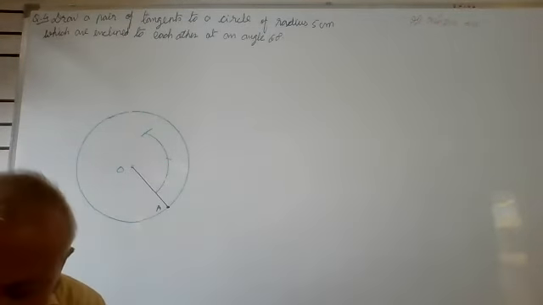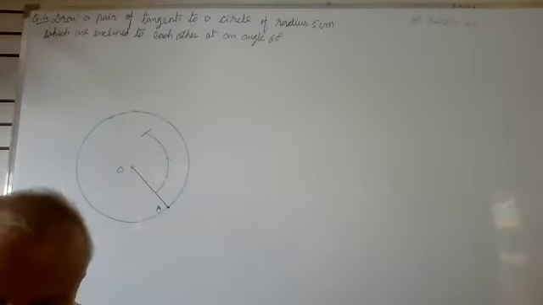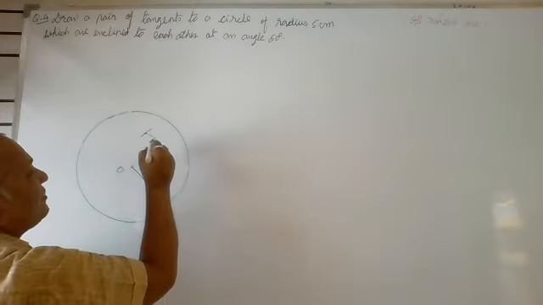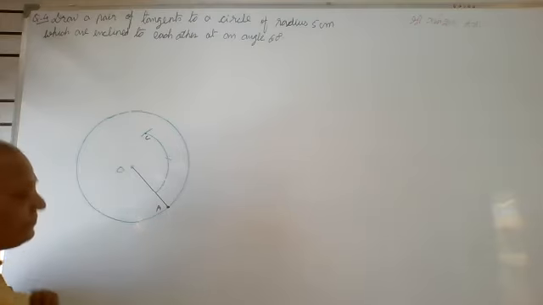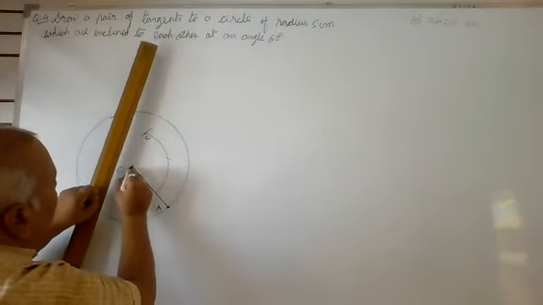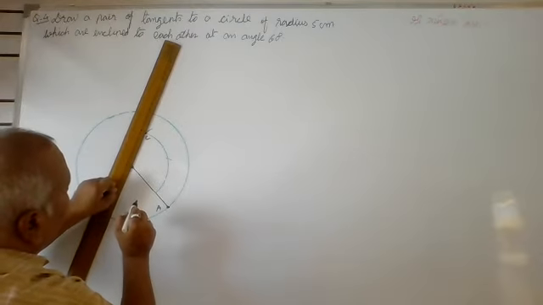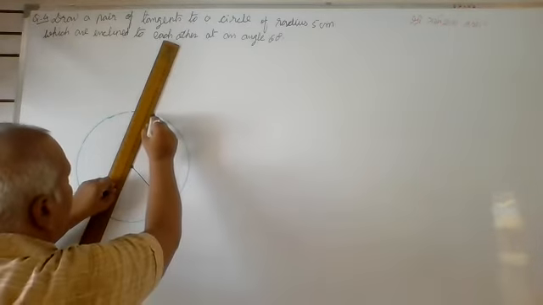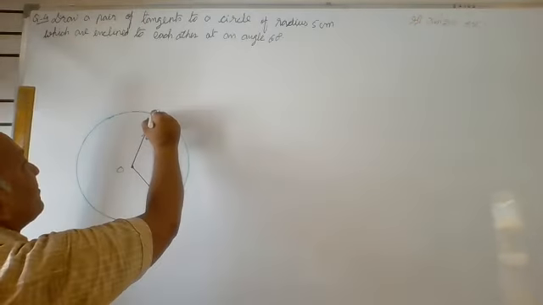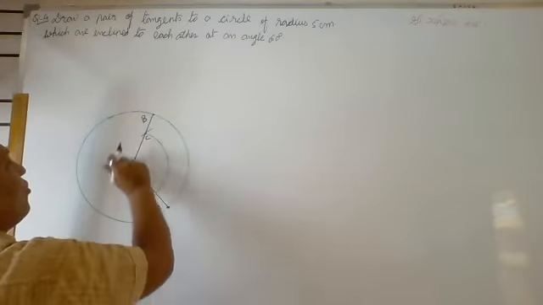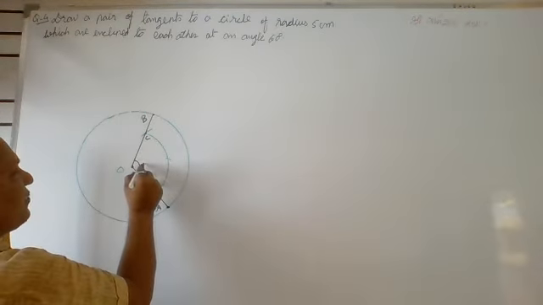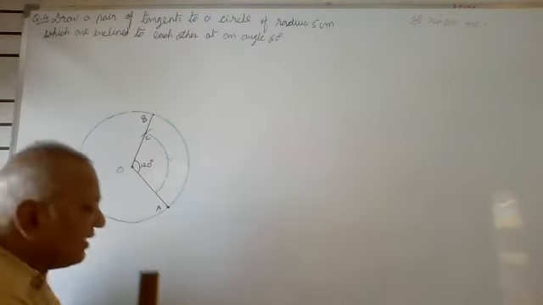Where both the arcs meet, we should give a name, suppose C. Now we have to join O and C. So here I have joined O and C. This OC intersects the circle at B. So OB and OA, between them it is a 120 degree angle.